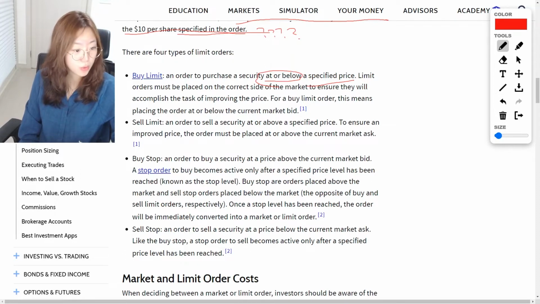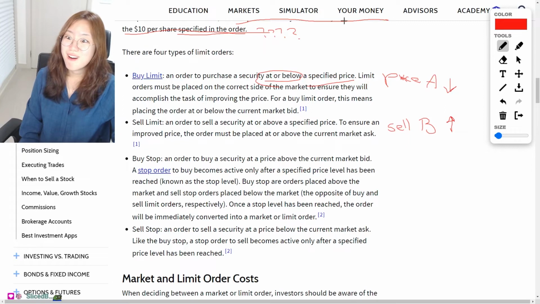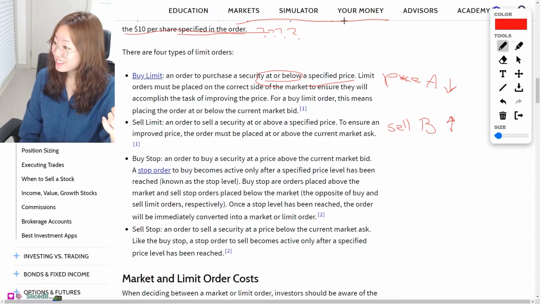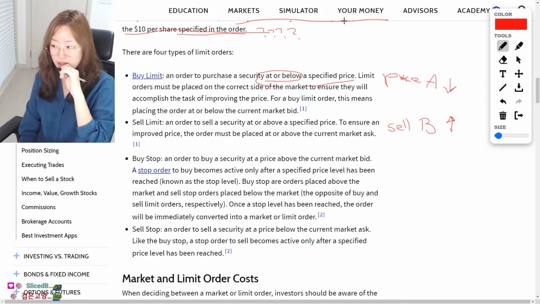Sell limit, in order to sell a security at or above a specific price. So buy is at price A or lower, right? But when you sell, it's price B or higher. Oh, they are nice. This is nice. 좋은데? Damn.